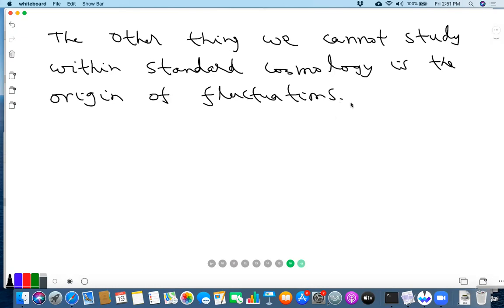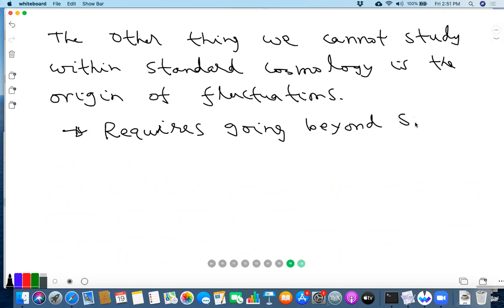And this, of course, is important because if there are no fluctuations in the early universe, then we wouldn't be here. The universe would still be uniform. So this also is something that we'll be studying. But this also requires going beyond the standard model, in particular inflation. So we'll also study this in more detail.